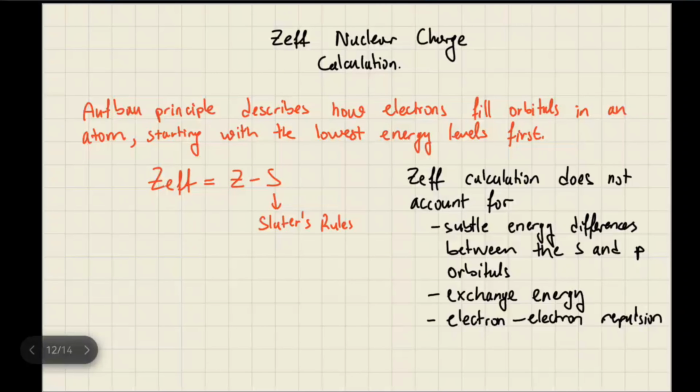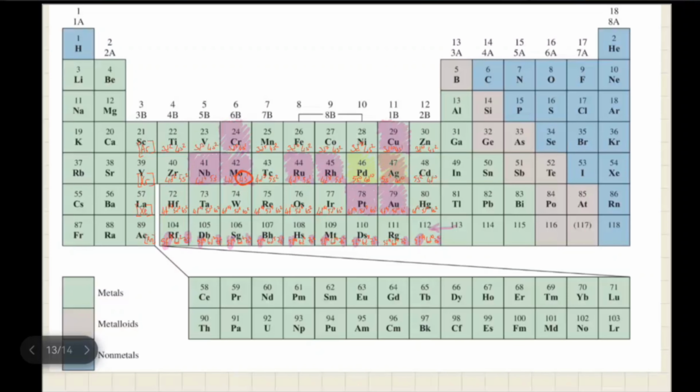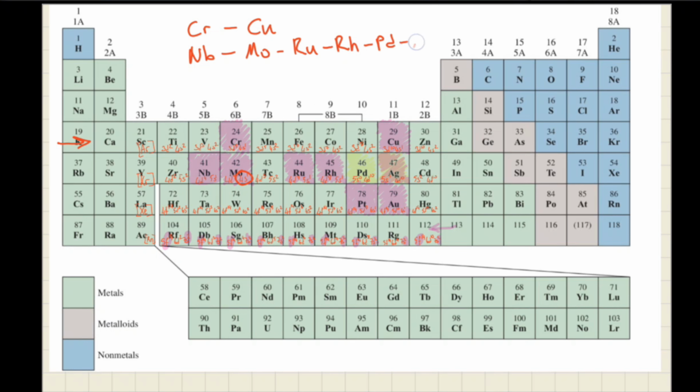But before taking a chemistry exam, you should know at least the number of s electrons for the chromium, copper for the first row, for here, and you have to know the Nb, molybdenum, ruthenium, Rh, palladium, silver, this is the second row, and platinum and gold.